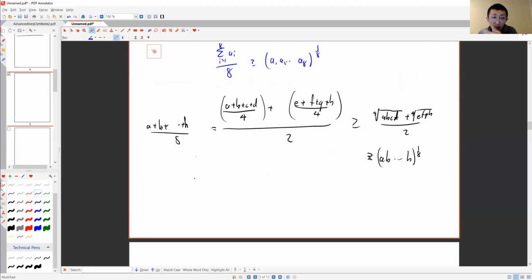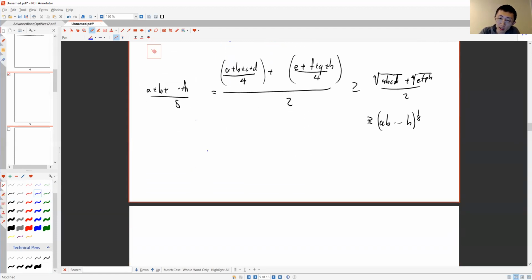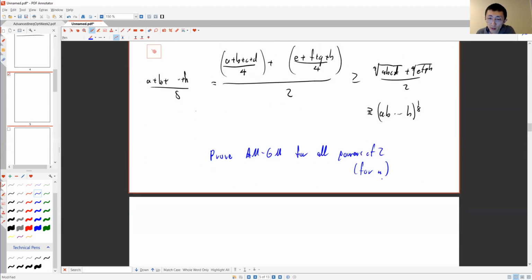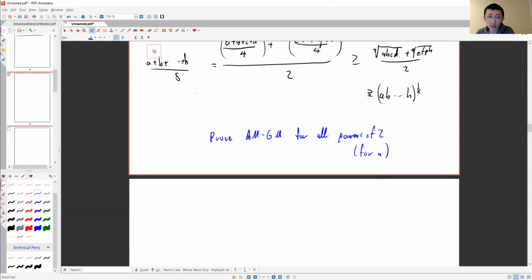So by induction, we just repeat this process and prove AM-GM for all powers of 2. So we can inductively apply this process and prove it for all powers of 2. Are there any questions on that?